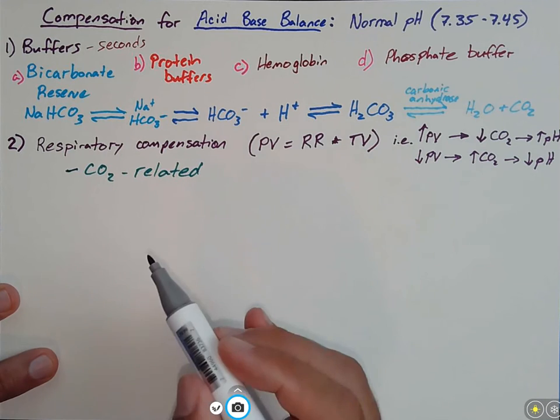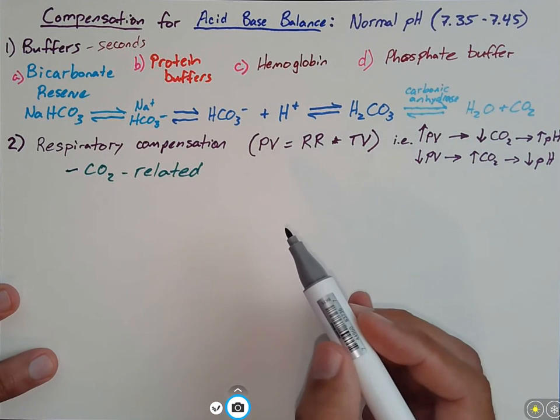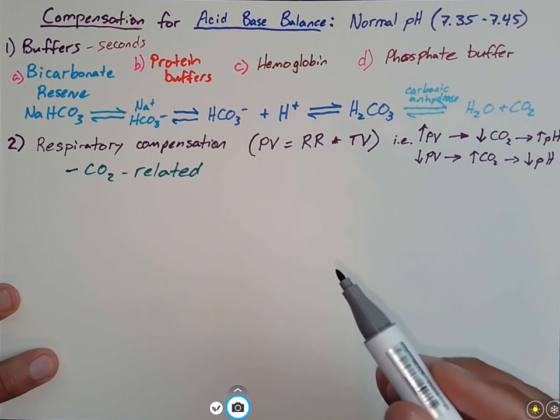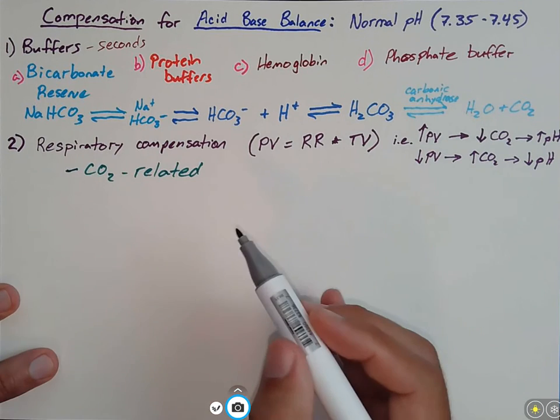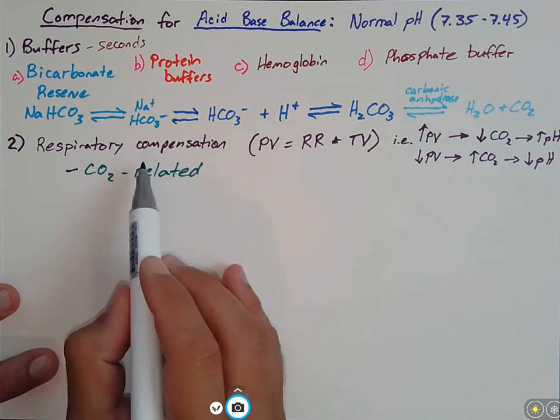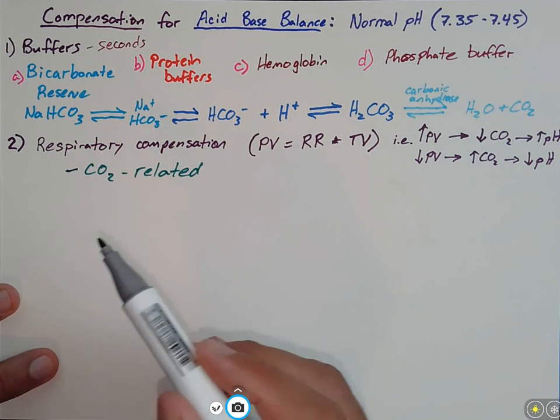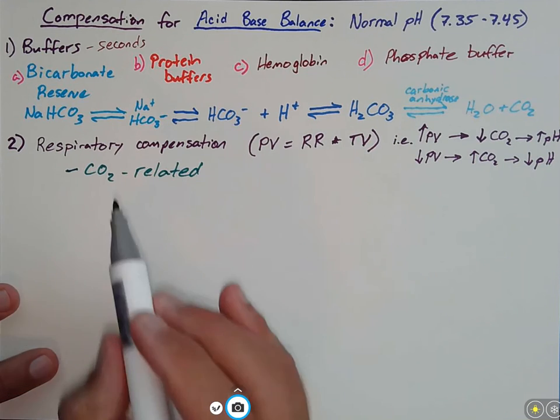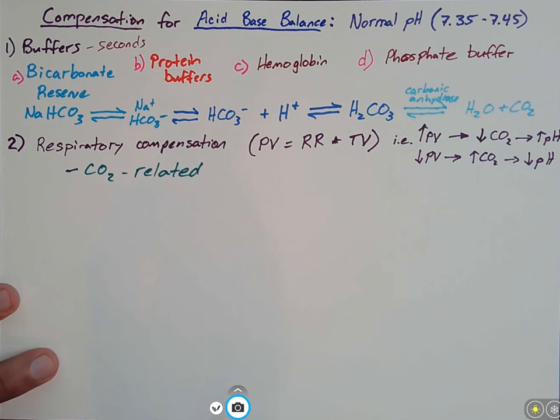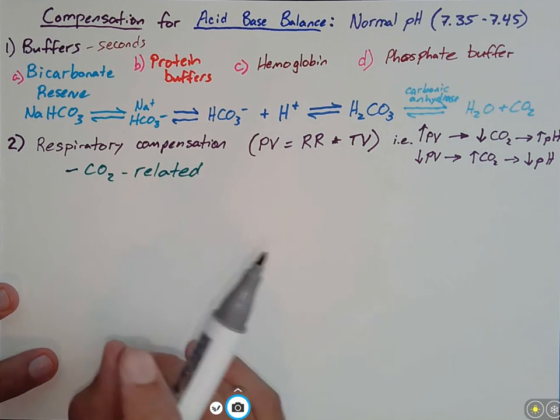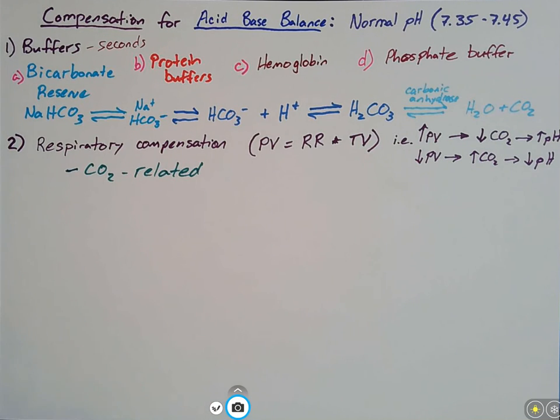If the respiratory system is already broken, how can the respiratory system fix that problem? It can't. So because the respiratory compensation is all about CO2, if we have a CO2 related problem, the respiratory compensation is not going to be enough to fix that problem. I hope that made sense, and we're going to come back to that as well.